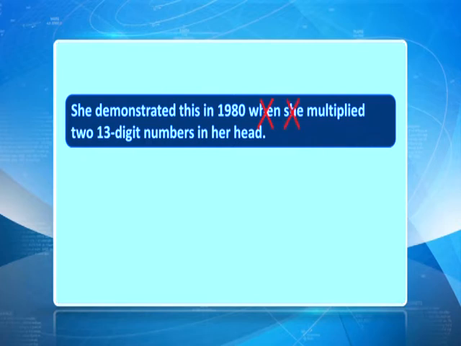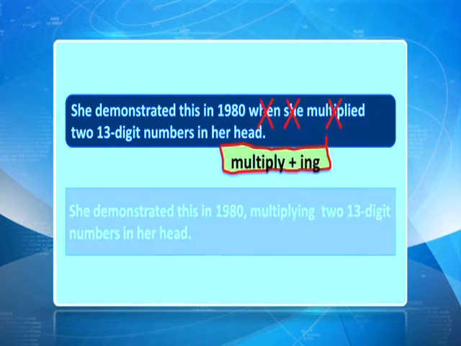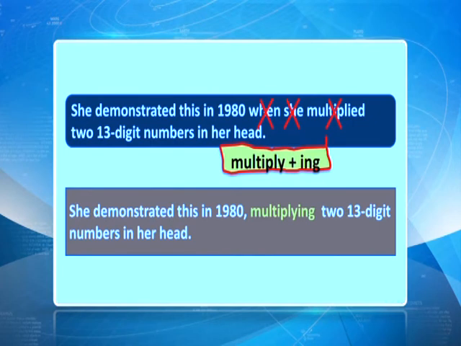So we should delete it. The verb is multiplied. Multiplied is the verb, should be deleted. Then we get the infinitive form, which is multiply plus ing. How do we say it? Good. Multiply plus ing. The answer is, she demonstrated this in 1980, multiplying two 13-digit numbers in her head.